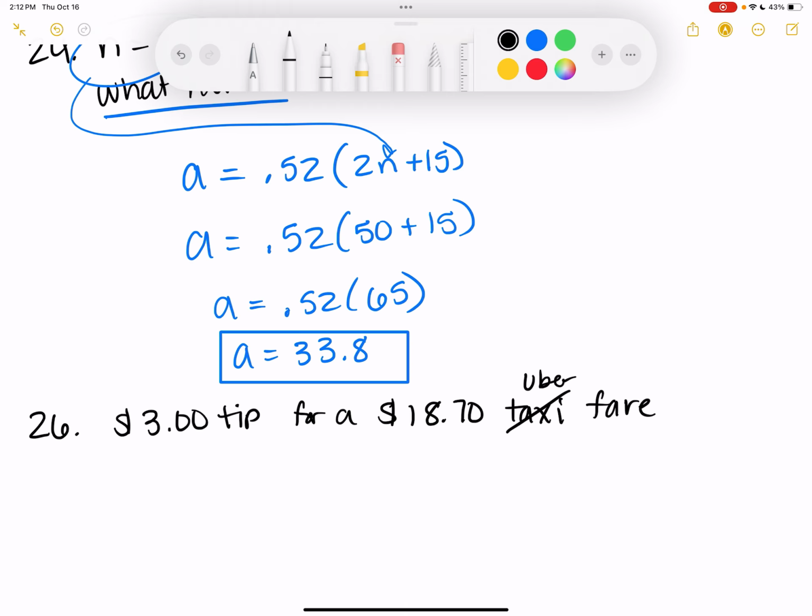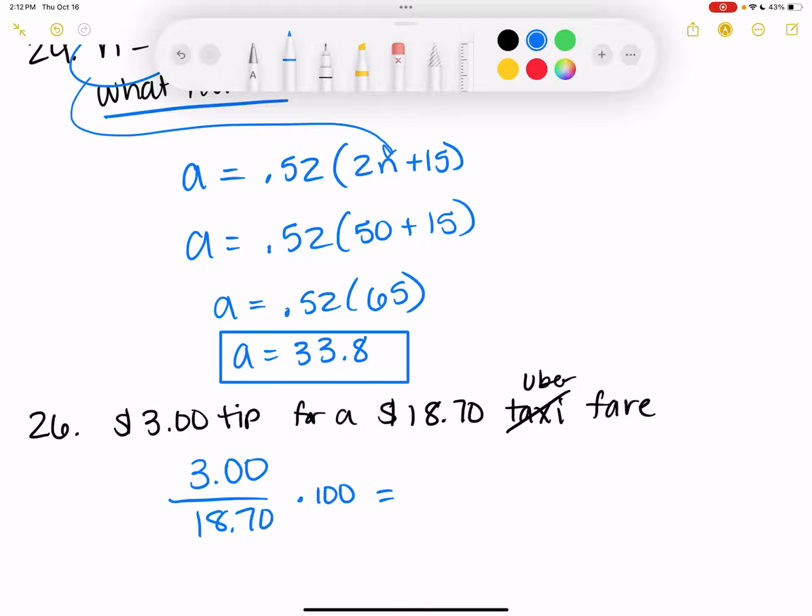So how would we set this one up? 3 over 18.7 times 100 equals. Y'all got that? Okay.